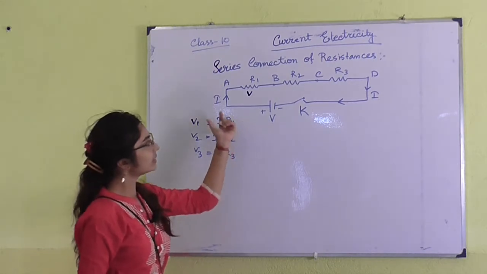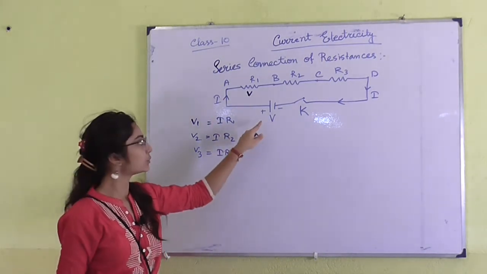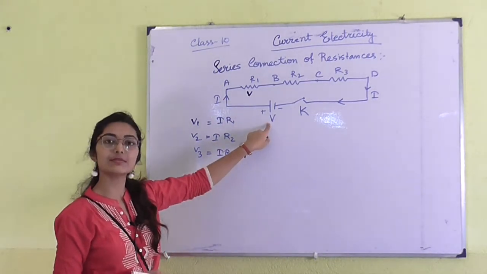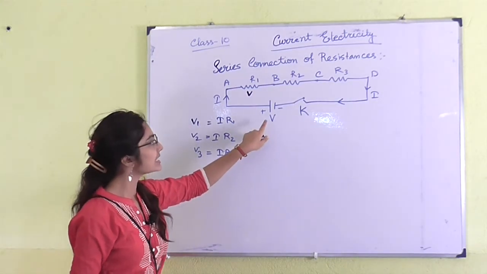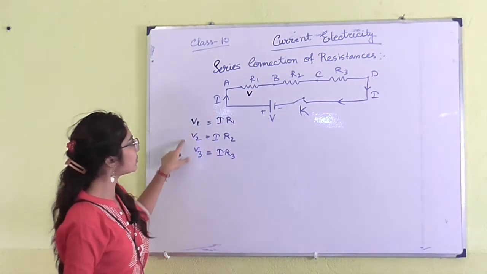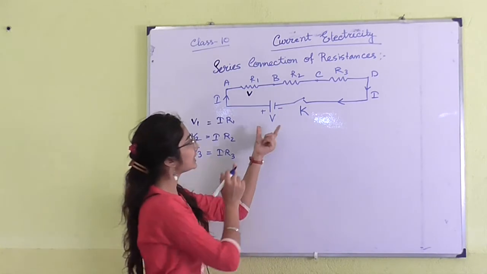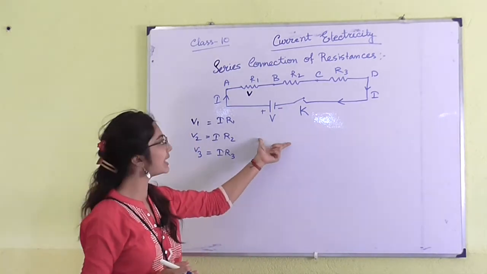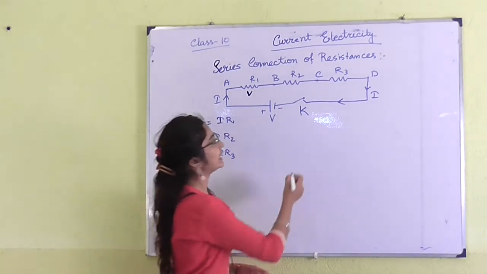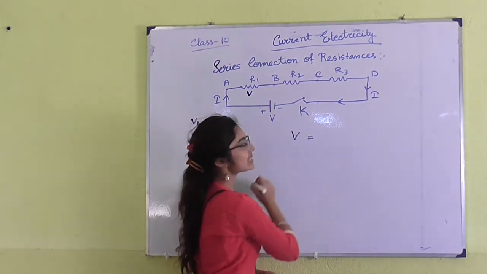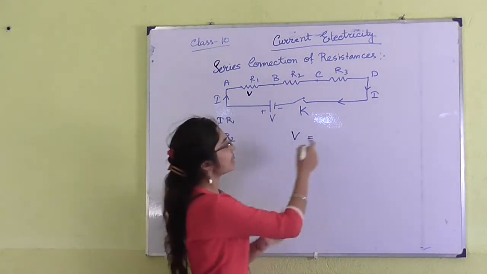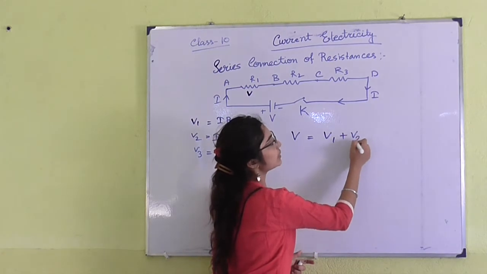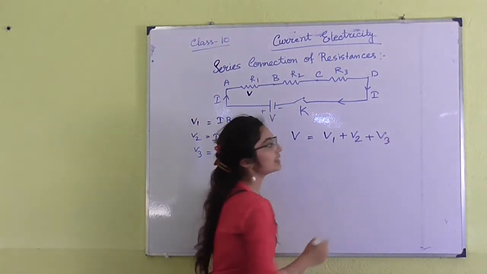But in the total circuit, the voltage drop is V, and this is equal to the sum of all the voltages. So the potential difference between A and D, that is V, is the sum of all the voltages present in the circuit. Then V is equal to V1 plus V2 plus V3.